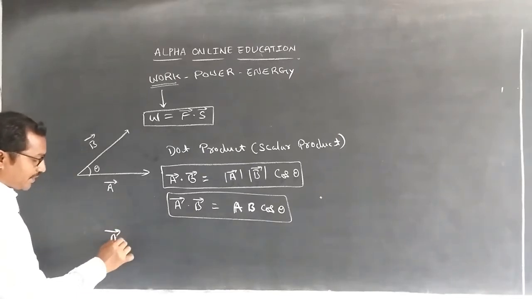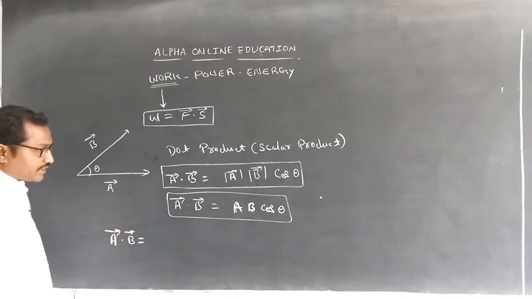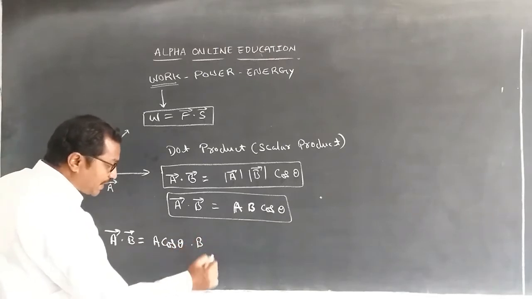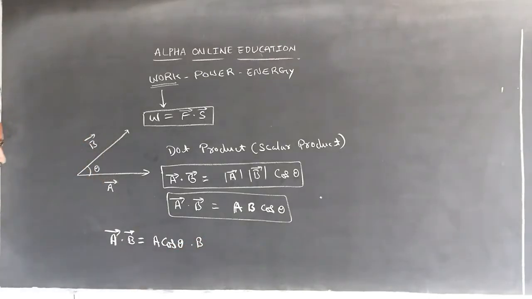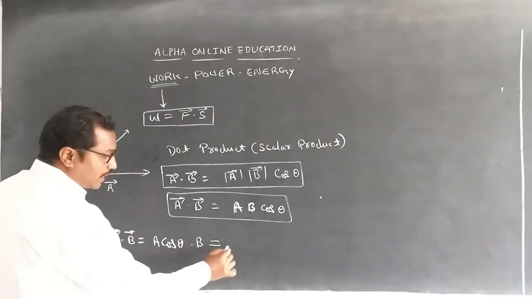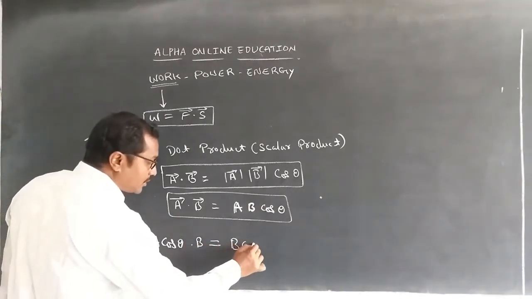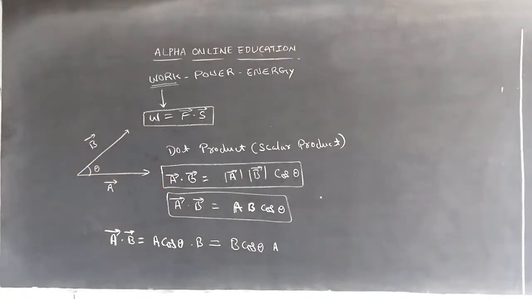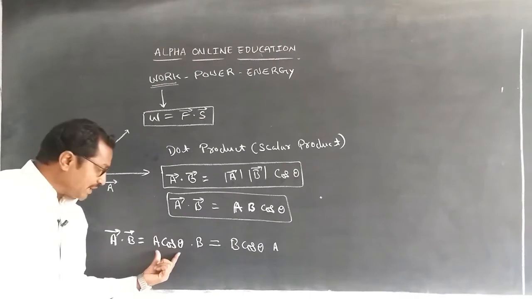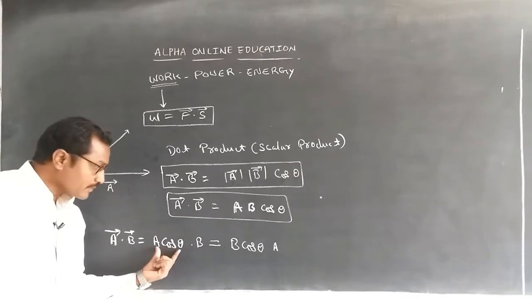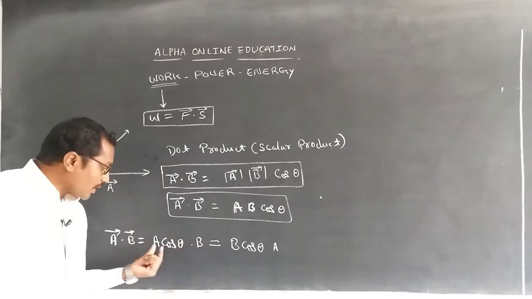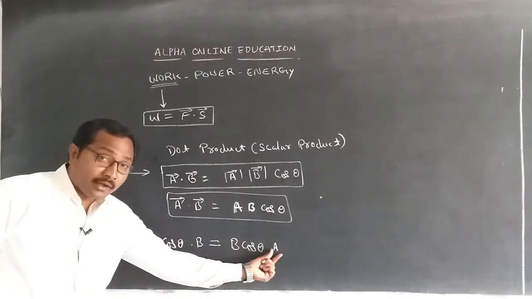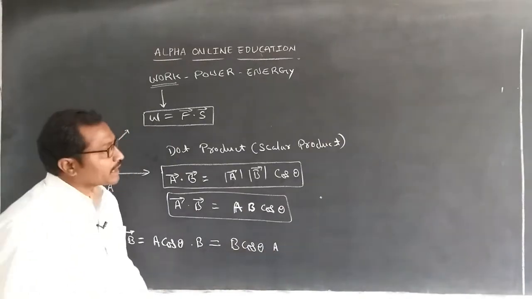Once again, I am repeating this equation in two different ways: A cos theta into B. In other words, I can write this equation as B cos theta into A. Here A cos theta means the component of A along B, and B cos theta is the component of B along A.